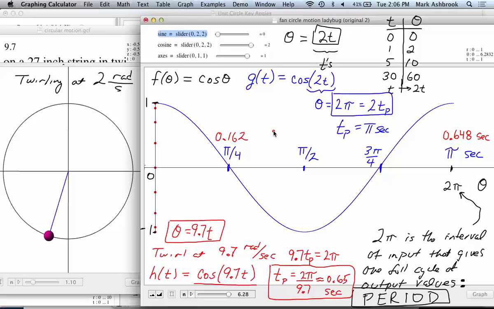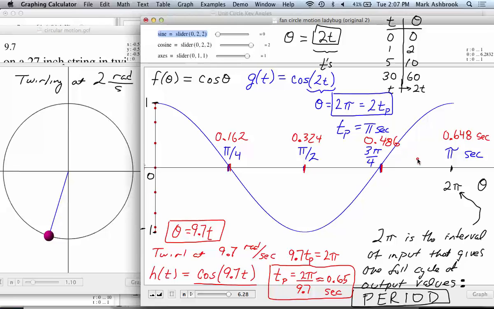So 1/4 of the period is 0.162, and then 0.324 would be this point. Then you can take 3/4 of your period, or you could add these two together. Both work. You could take a half plus a quarter more, or take 3/4 of that, whatever you want to do. 0.486.